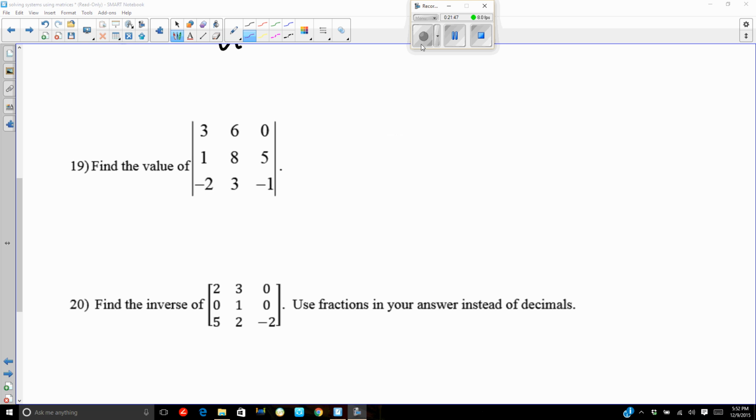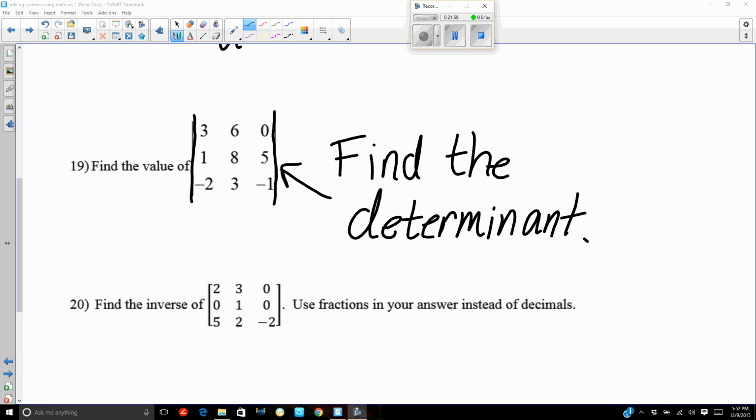All right, this is the second time we've seen these symbols. Remember, this does not mean absolute value in matrices world. It means find the determinant. So this is one of the few problems that you cannot do by hand, at least I haven't shown you how. So this is straight up in the calculator.